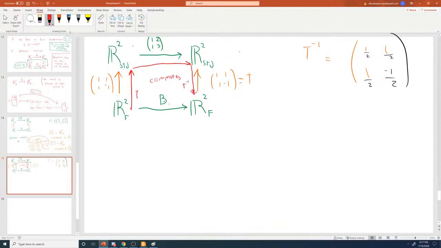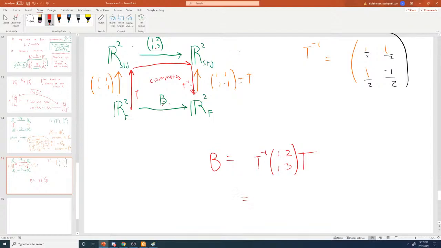So this corresponds to T, this corresponds to this matrix, and now I can assemble the relation: B is equal to T first, then this matrix [1, 2; 1, 3], and then T inverse.